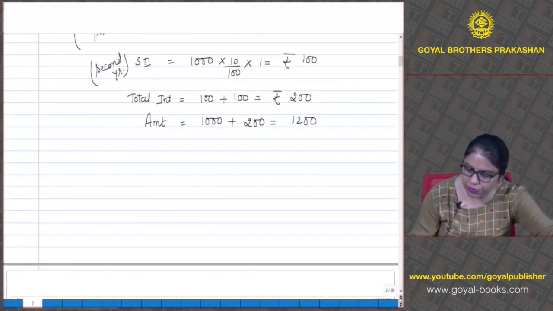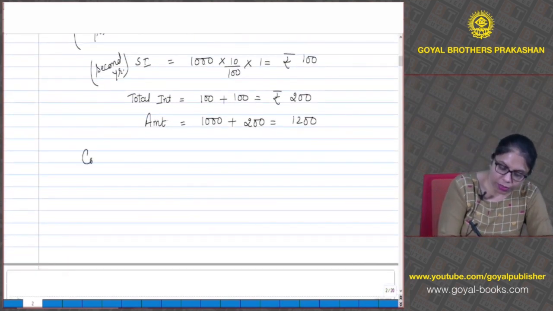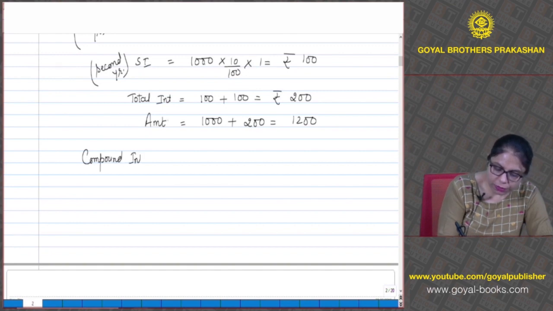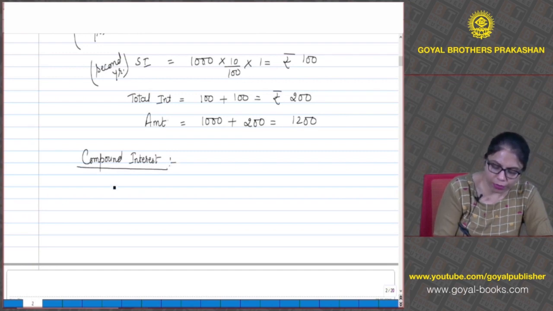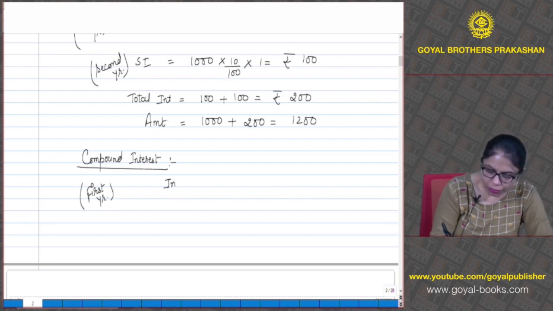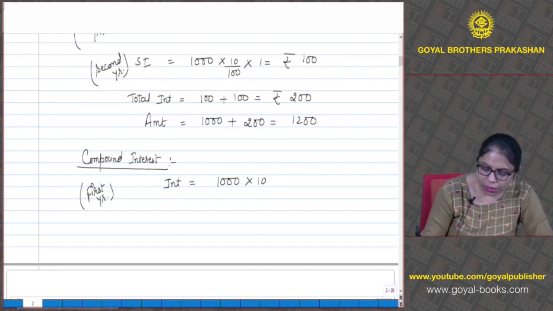Now let's discuss compound interest. This is our new topic, compound interest. What happens in case of compound interest? If we calculate interest for the first year, then principal is 1000, rate is 10%, time is 1.